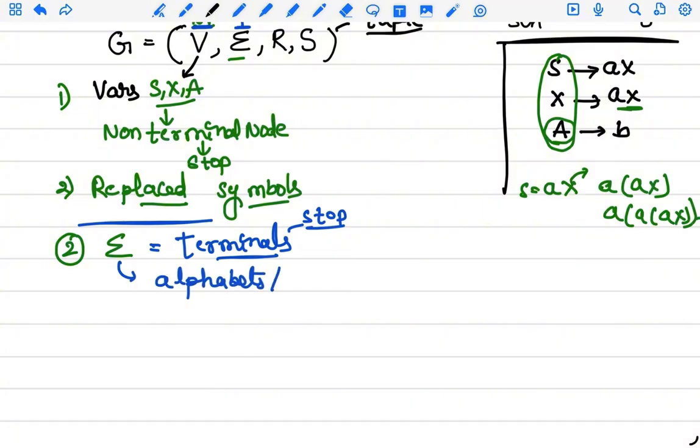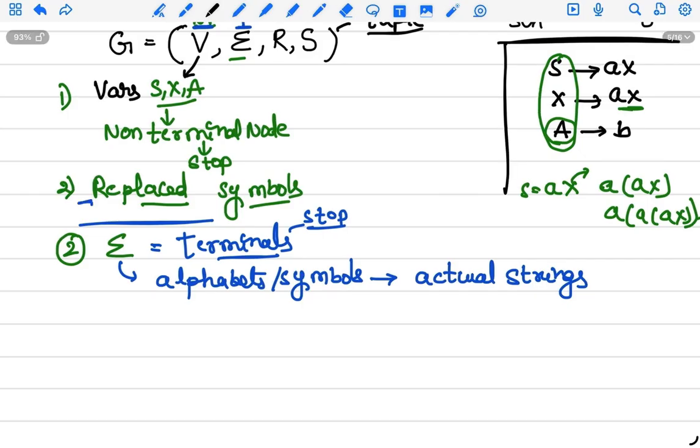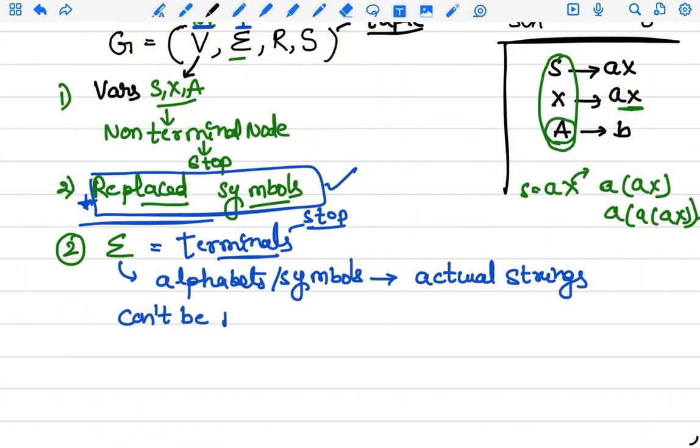Alphabets are symbols, which form the actual strings. This point is important: variables can be replaced by symbols, but terminals cannot be replaced.